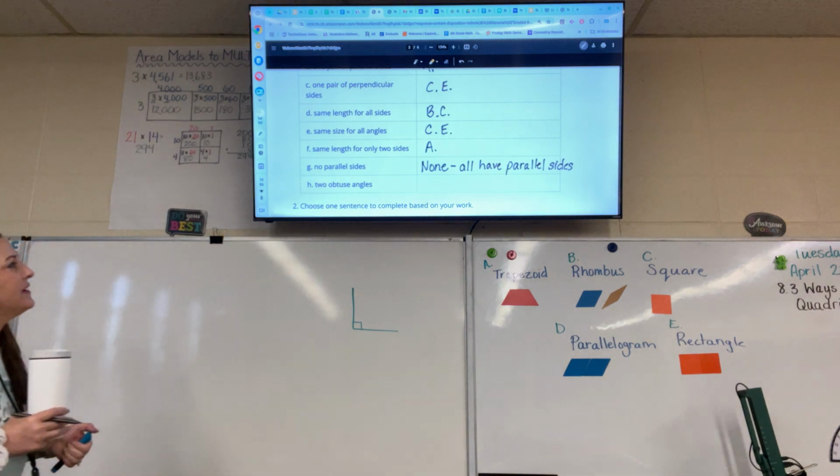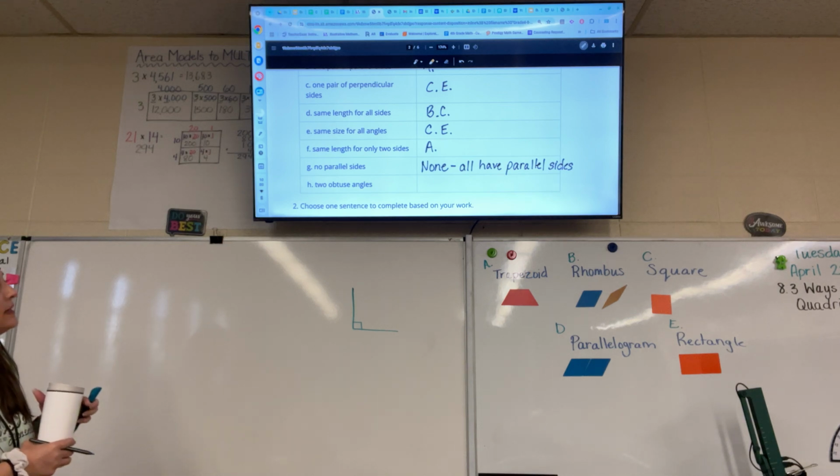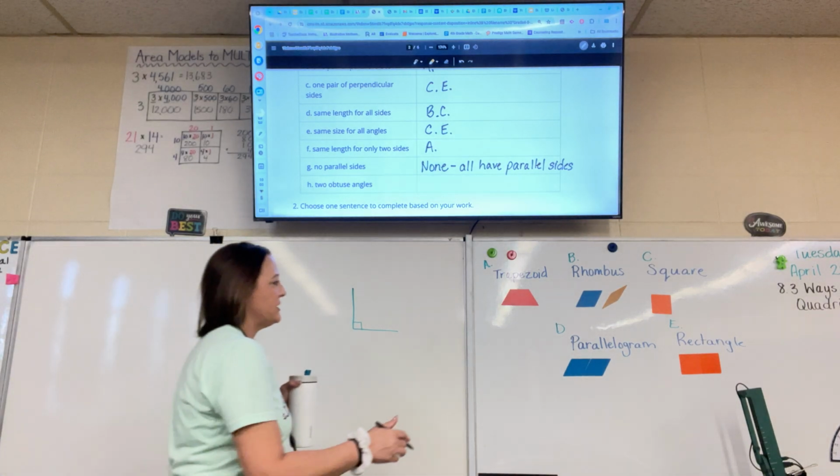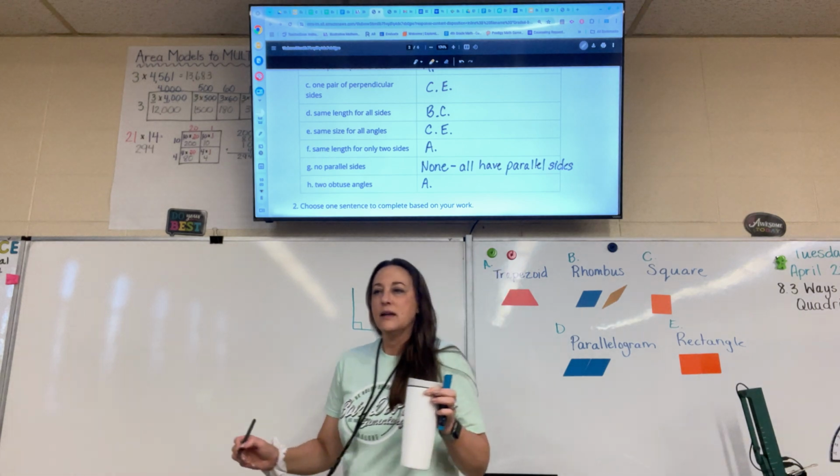Which of these figures have two obtuse angles? Richard, give me one of them. Trapezoid. Trapezoid has two obtuse angles. That's correct. Okay.